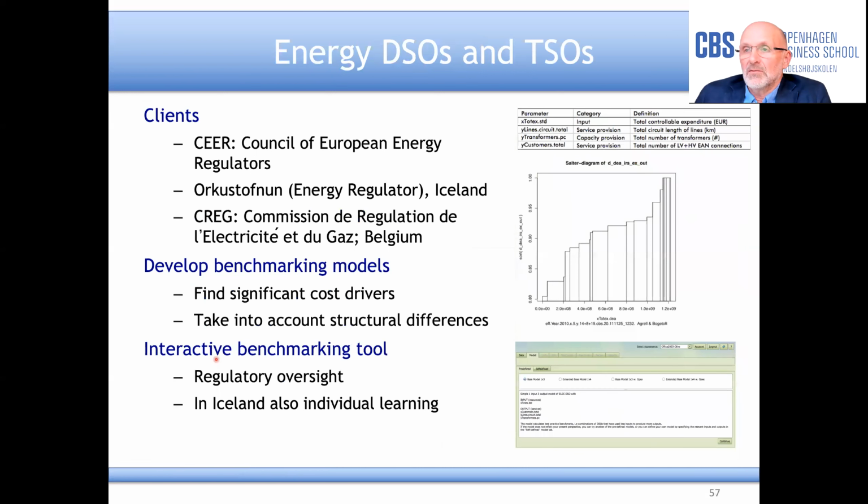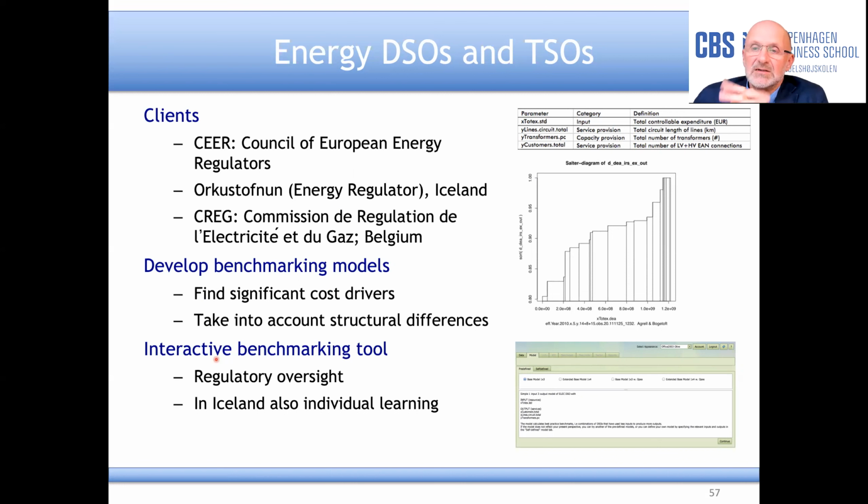So another one we've done, as I mentioned at the beginning, a lot of studies on electricity and gas networks for different entities, and in most cases we do analysis, and then we make a report, and that report is used as the basis for setting revenue caps, or setting the allowed incomes to these companies.